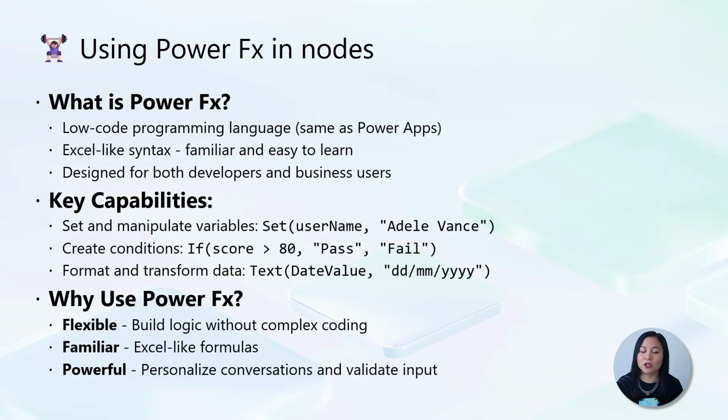For example, you could use an expression that checks the value of a score to determine whether it's a pass or a fail to create branching conversations. The beauty of Power Fx is that it's flexible enough for complex logic, yet familiar enough for business users, making it possible to personalize conversations and validate input without the traditional coding.